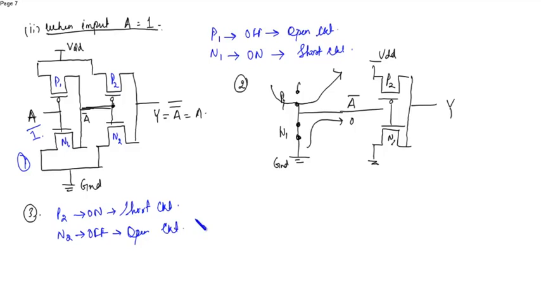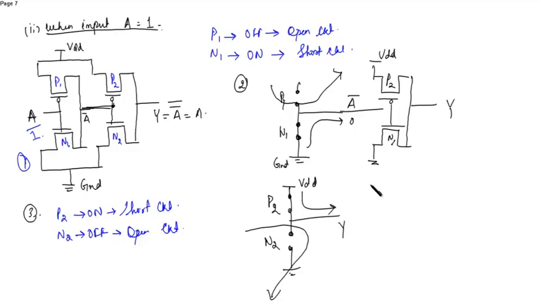So now P2 will turn on, N2 will turn off. This is ground, VDD. This will be cut, and the obtained output Y will be equal to VDD.